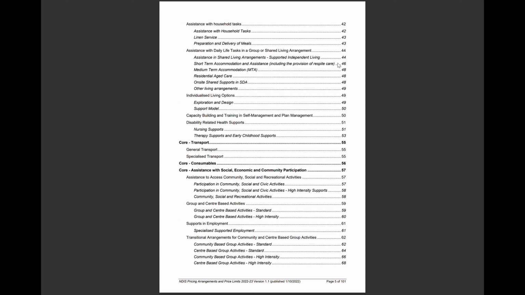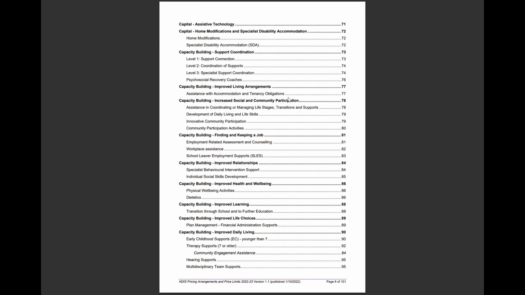Let's just very quickly, I just want to show you what it looks like. Let's say, for example, we're looking for information about allied health supports, and you wanted to know what the price limit was for, say, a psychology service.